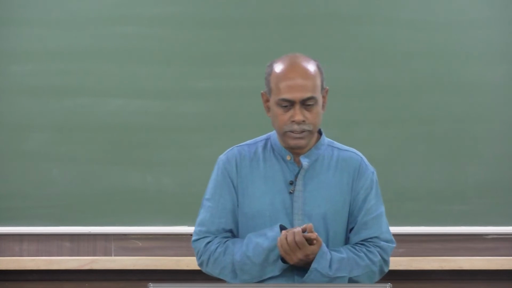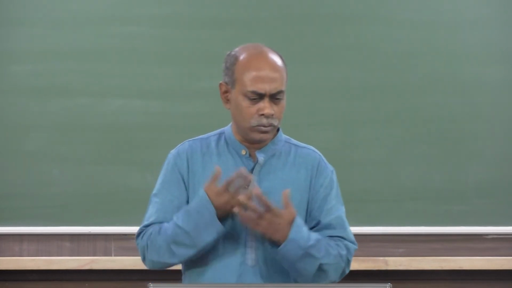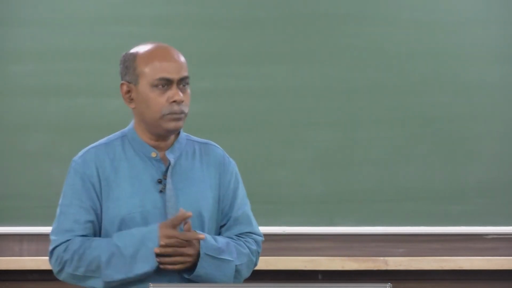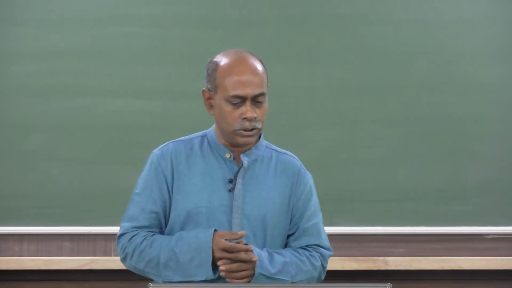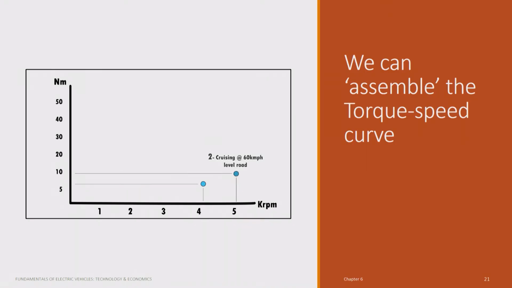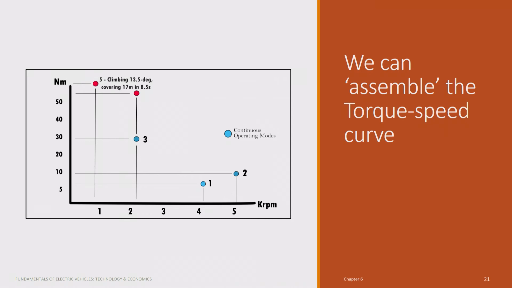So the x axis here is what is called the kRPM, or in thousands of RPM of the motor, and the y axis is the motor shaft torque, and at different operating points I am plotting the torque versus speed combinations based on the vehicle specifications and the equations that we just now derived. And as I told you, some modes of operation will happen for hours together, some modes of operation just happen for a few seconds.